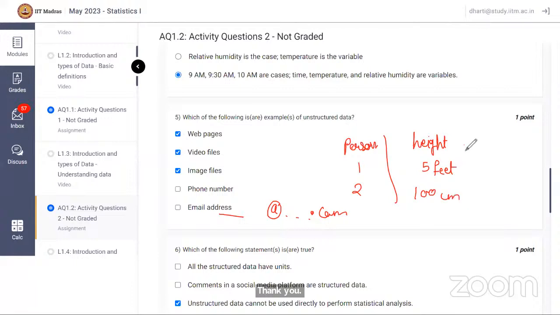Then in that case, this height is also unstructured data. Why? Because of these different units, feet and centimeter. That's why image files, video files, and web pages are unstructured, due to this kind of formatting. But if you take image files and say, I am just taking PNG files only, then it's structured.